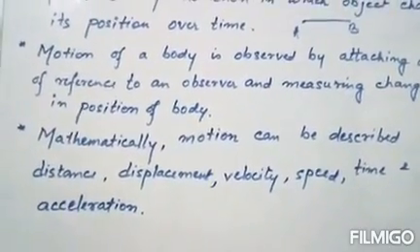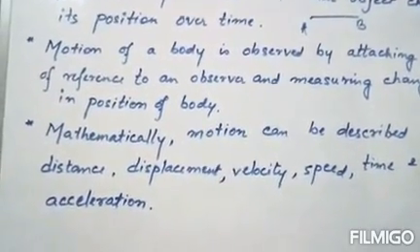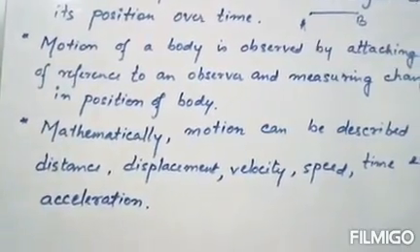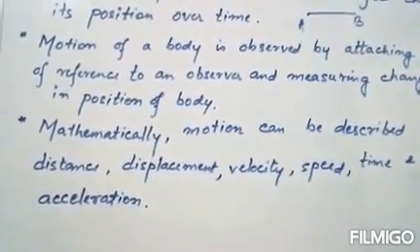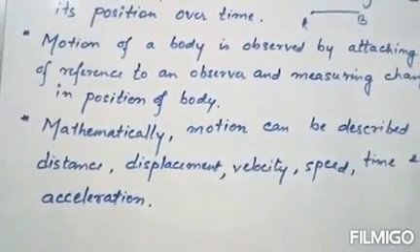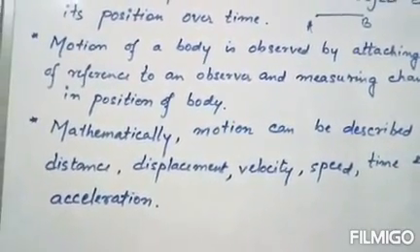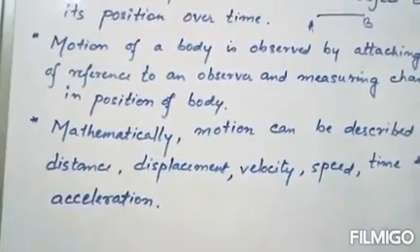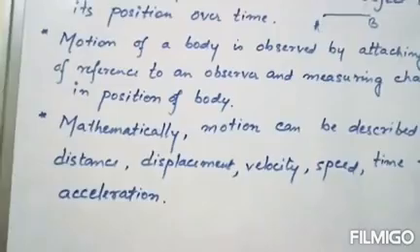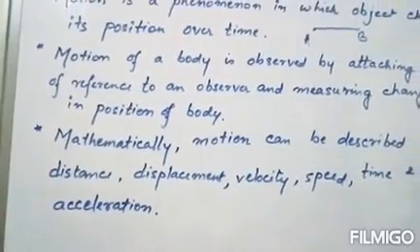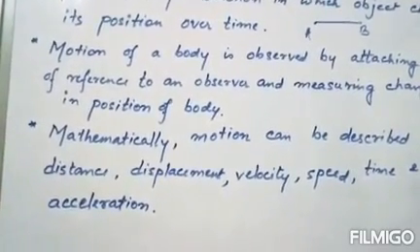That means it will cover some distance or some displacement, or with respect to time, a change in speed. Suppose the road was a little crowded, so it was going slowly, then it took speed and is moving. So with respect to all these things we can describe motion.